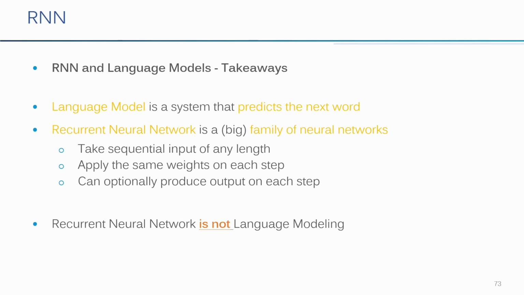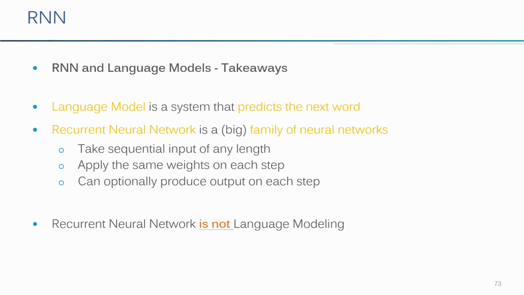Yeah. Major takeaway, a language model is a system that predicts the next word, so it's a representation of our language. Whatever that representation is, those parameters, those weights, they are capturing that. And a recurrent neural network is a big family of neural networks. We saw the base one, and we'll talk about LSTMs, gated recurrent units, and so on.